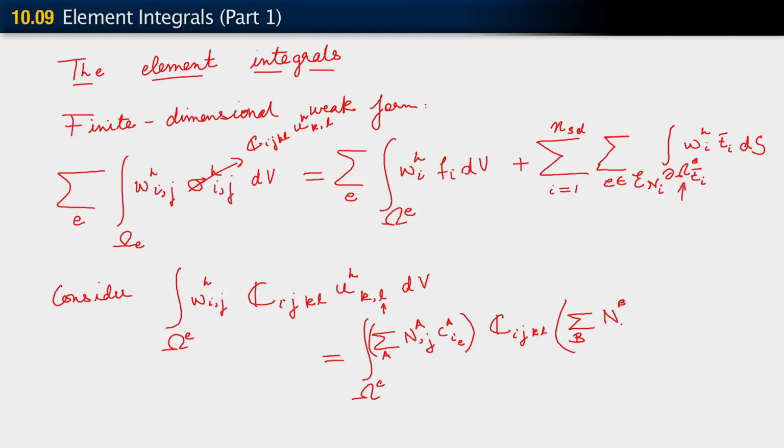So that means that N_B here has to take a comma L, right? That's where the gradient is computed. And we have d_BK E dV.